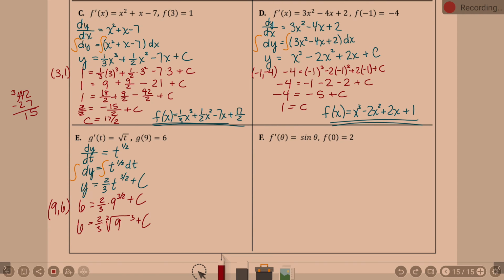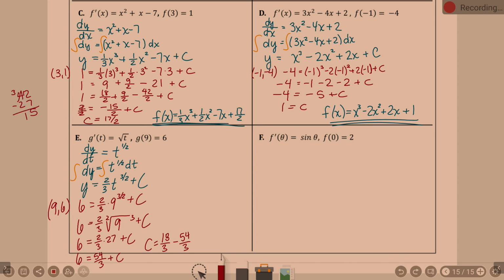So then we have what? 2/3 times 27. So 2 times 27 is 54. So I have 6 equals 54 thirds plus c. Well, if I make 6 in terms of thirds, it's going to be 18 thirds minus 54 thirds.